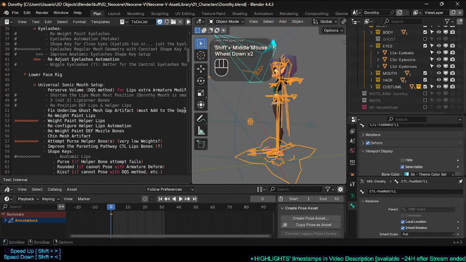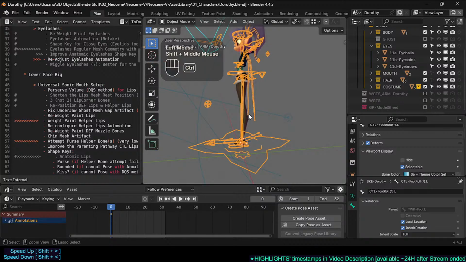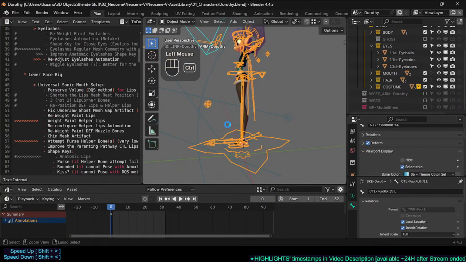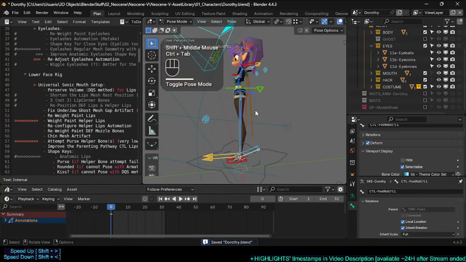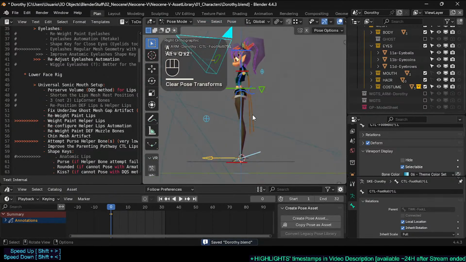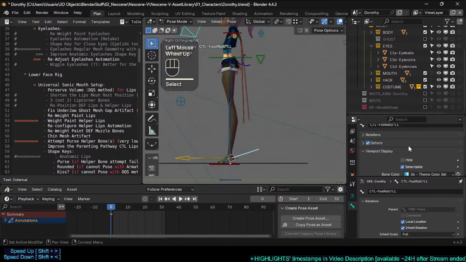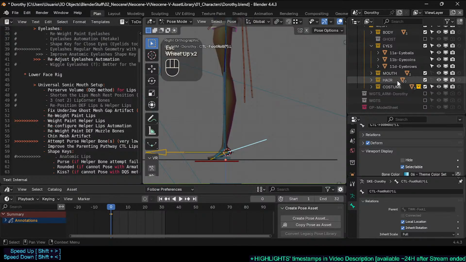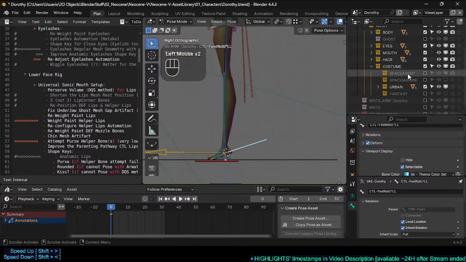So the thing here is that, did I? Okay, so probably I saved something here. I hope I didn't do anything wrong to the rig. Here I need to readapt some of the costumes.